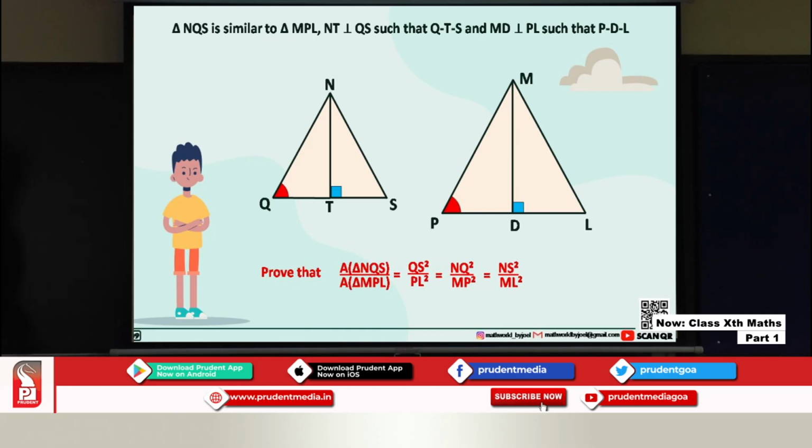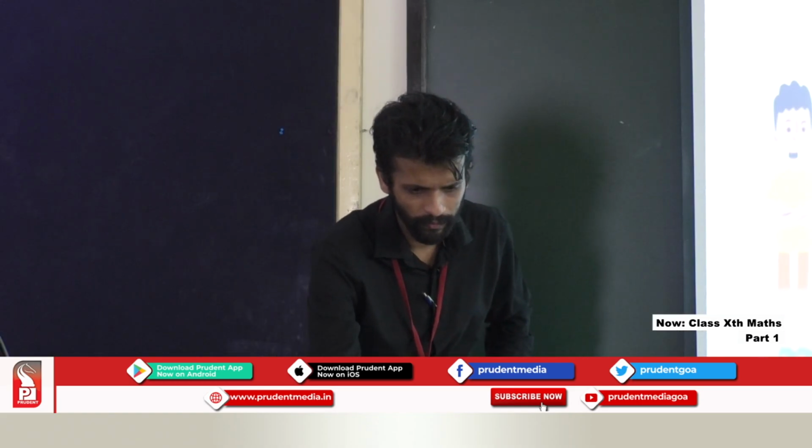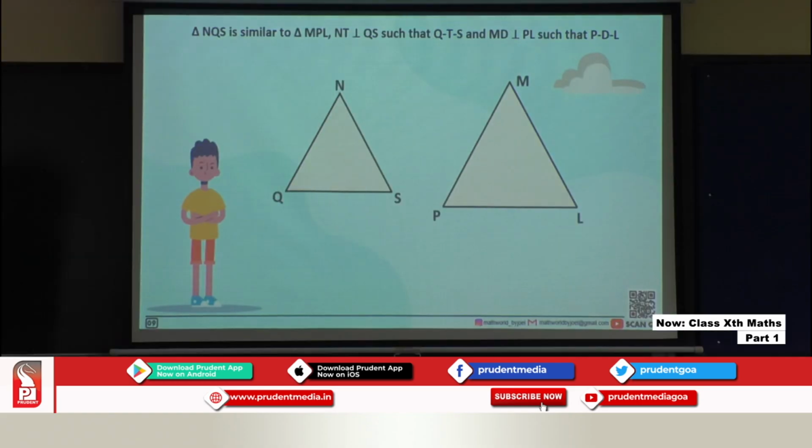Triangle NQS is similar to triangle MPL. NT is perpendicular to QS such that Q-T-S, and MD is perpendicular to PL such that P-D-L. Let us draw a figure. So there are two triangles, right? NQS and MPL. Now NT is perpendicular to QS such that Q-T-S.